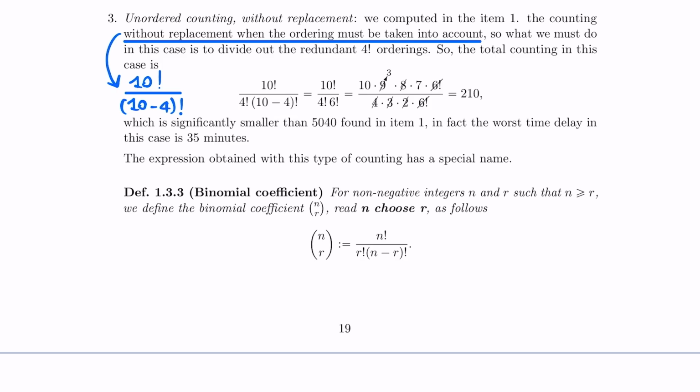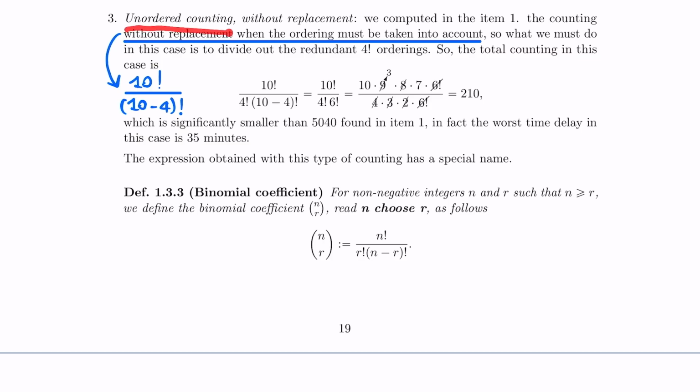Now we consider the case of counting without ordering and without replacement. We can take advantage of the computation performed in item 1, in which we haven't considered replacement, but we did consider ordering. Recall that in that case, what we have obtained is this value here.